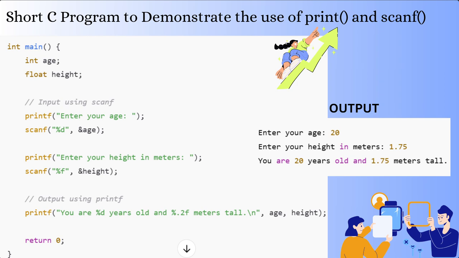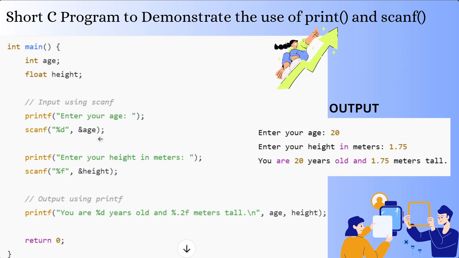So %d is a format specifier telling the compiler what type of data you are entering, and where you are storing it: the address of this variable age you have declared as int. So you are taking the value from the keyboard and then passing it to the variable age.